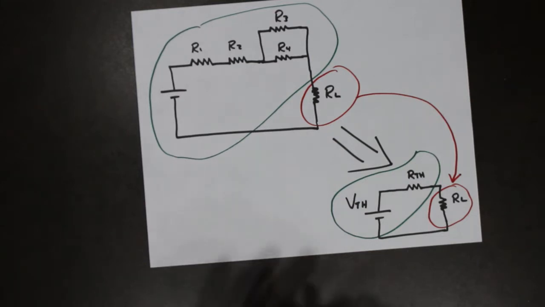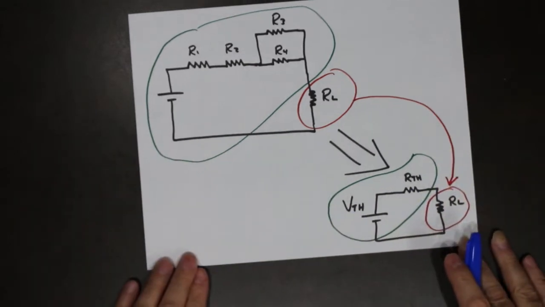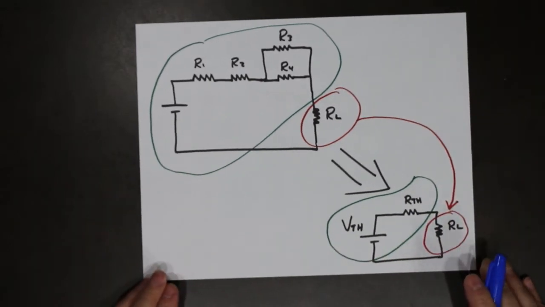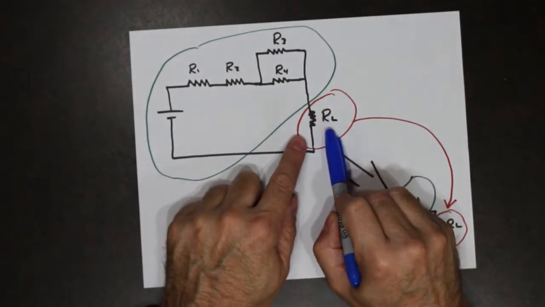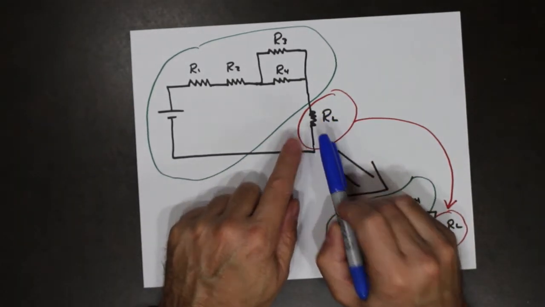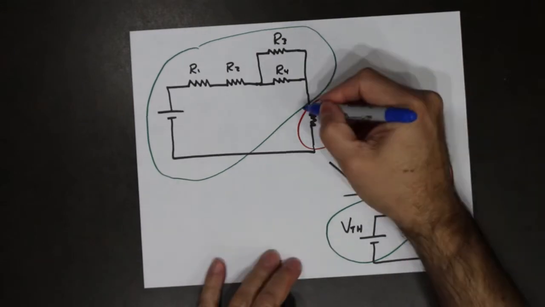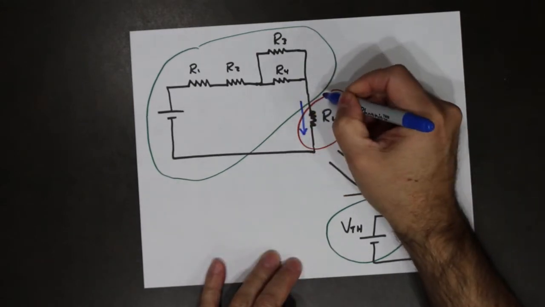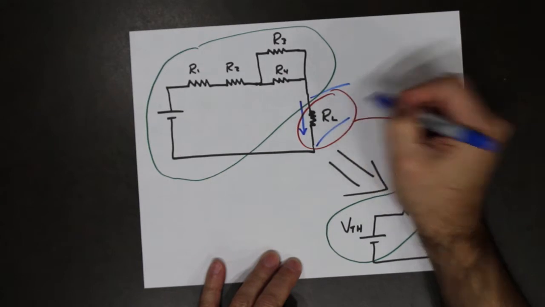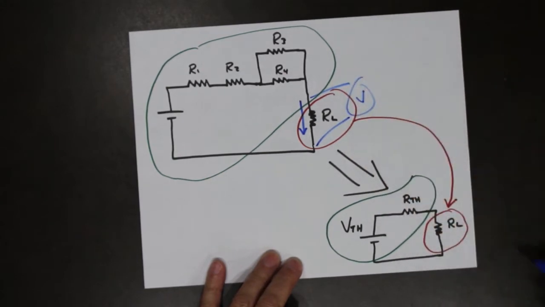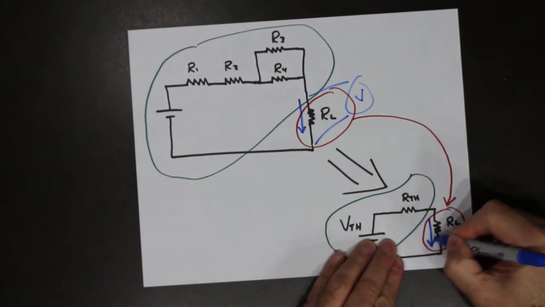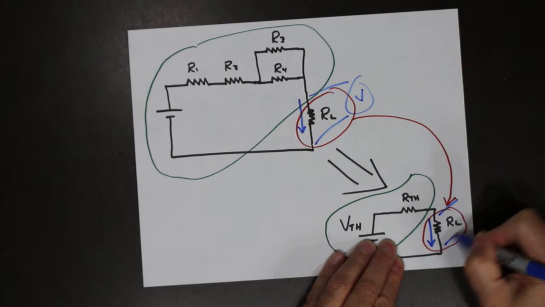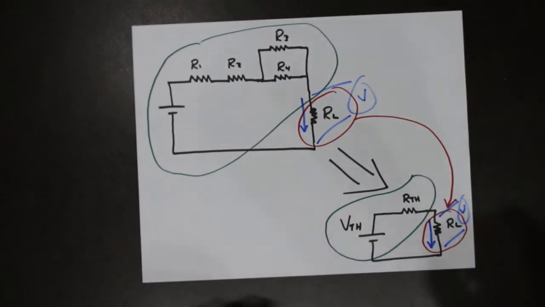In order to make sure that these two circuits are equivalent, we are focusing on the load. So what that means is the current and the voltage on that load is exactly the same as the current and the voltage on this load.